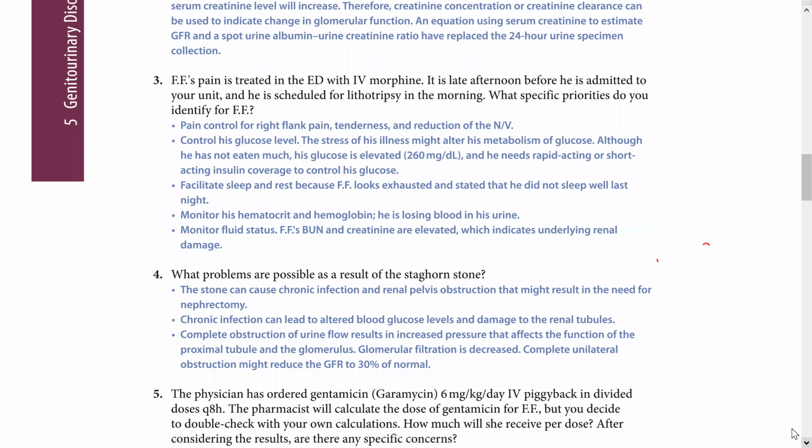What is a trough? What does trough mean? Lowest point. Okay, so there are two levels that a physician will order, a peak and a trough.